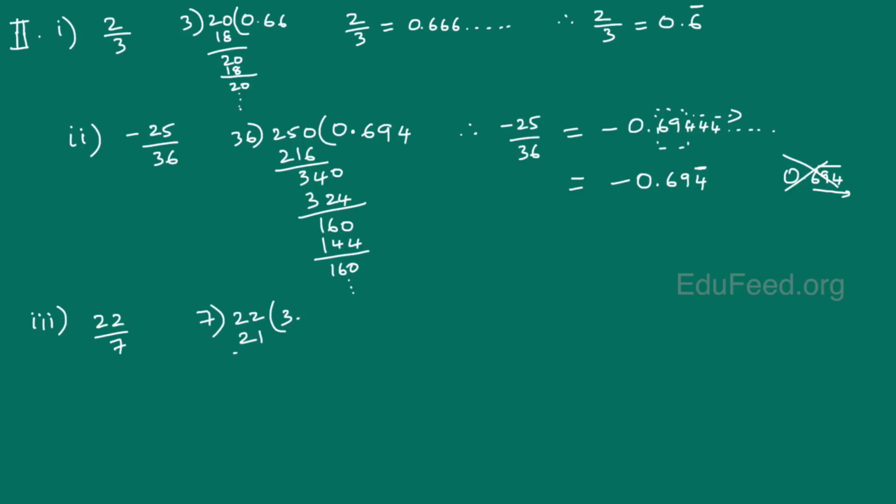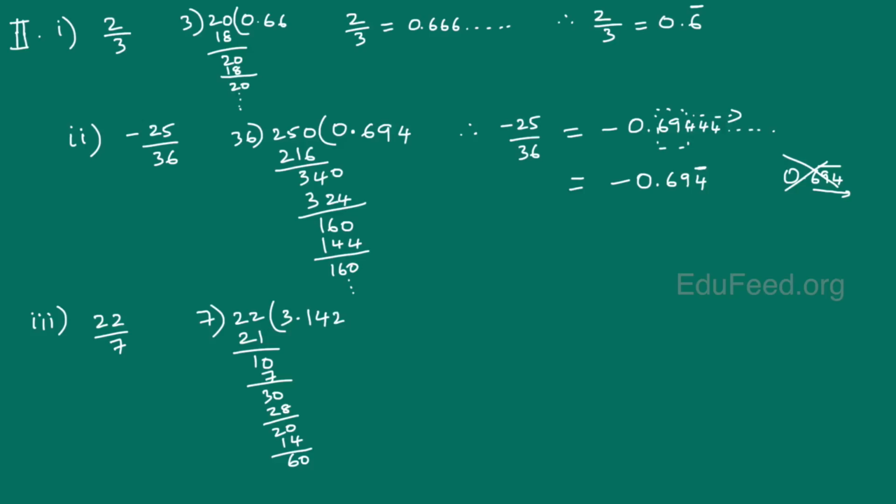Then as 1 is less than 7, we'll need a decimal. 7 into 1 times is 7. Then we have a 30. 7 into 4 times is 28. Then we have a 20. 7 into 2 times is 14. Then we have a 60.